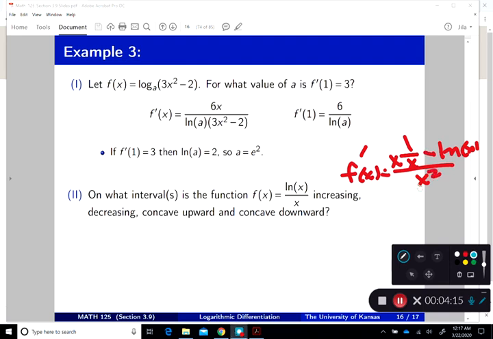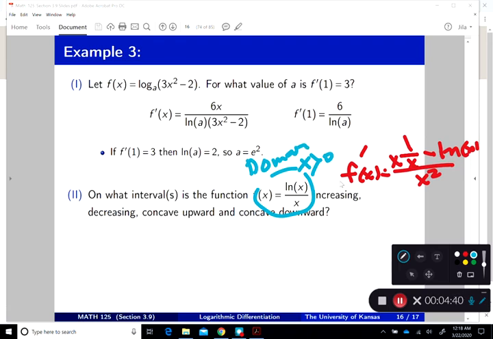Now, one thing to remember for this function: the domain is you cannot plug in anything negative in a natural log of x, and you cannot plug in 0, and 0 also makes the denominator 0. So the domain to begin with was x bigger than 0.